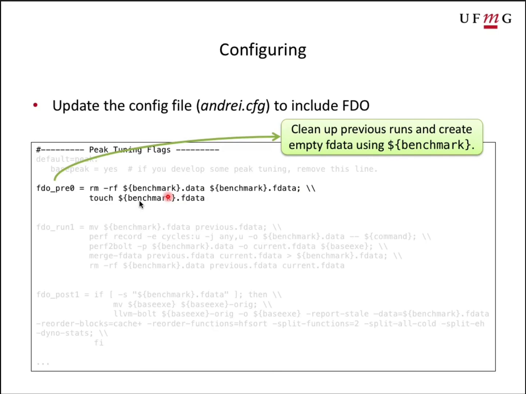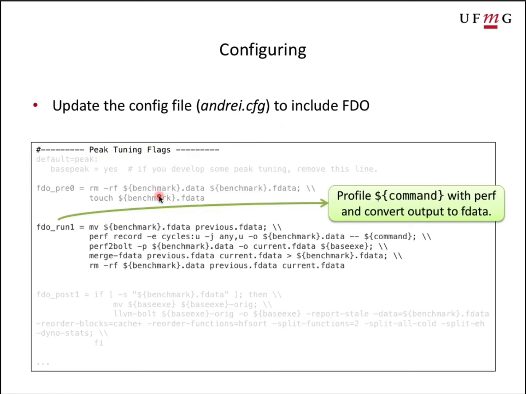And then I'm creating a first data. Since our training model can have many runs, I actually don't know how many runs I did, so I need to merge the data afterwards. So I did a hackish thing here. I just changed the empty name to a previous. I run perf on the benchmark data, and then I generate a current.